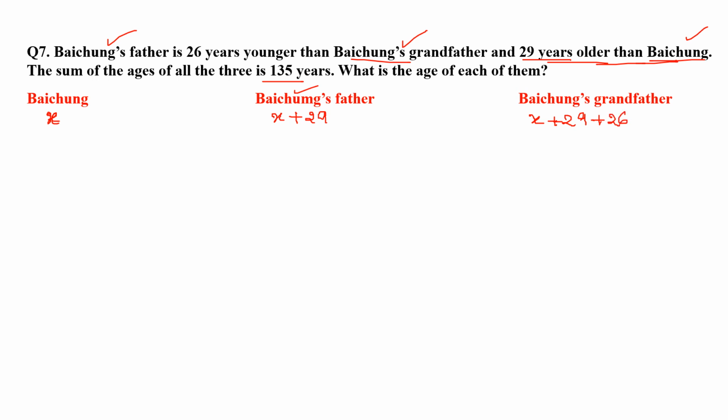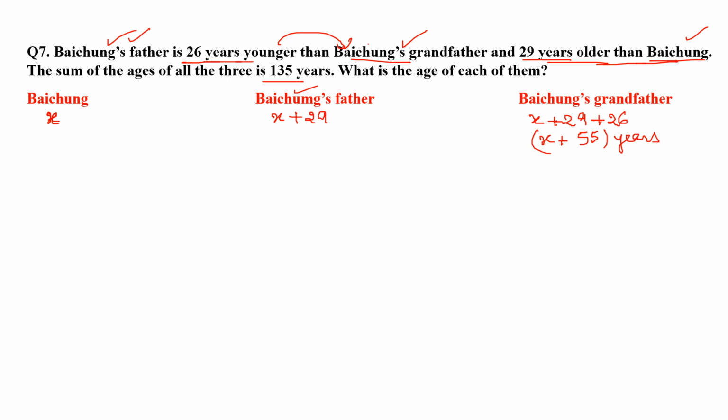So from here if you add, you will get X plus 55 years. This is the age of Bachung's grandfather. Because it is given Bachung's father is 26 years younger than grandfather. It means Bachung's grandfather is 26 years older than Bachung's father. That's what I have done here, isn't it?